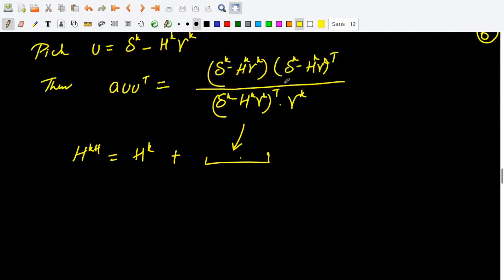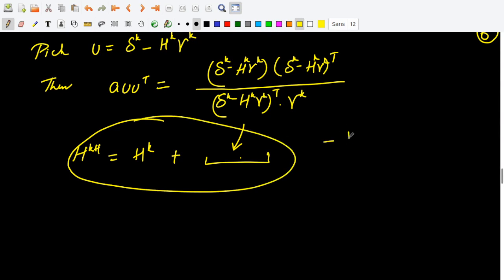The book avoids writing k altogether because it is tedious and creates confusion. So this way of updating hk gives us the rank 1 quasi-Newton method.